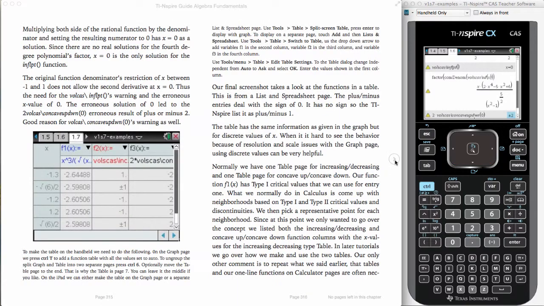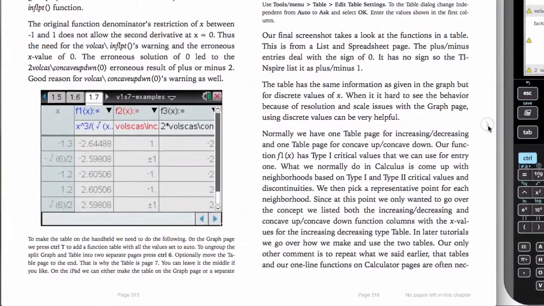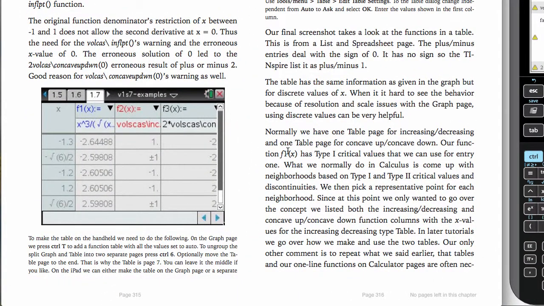Let's turn to the next page. Another thing that we can do is bring up our table and plug in the function, the increase and decrease, the concave up and concave down, and put points in. Normally we're going to have two separate tables.